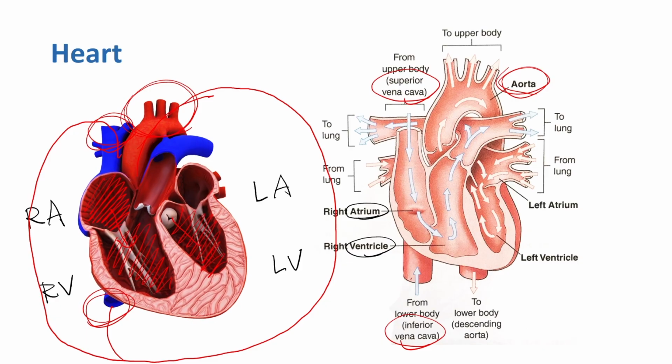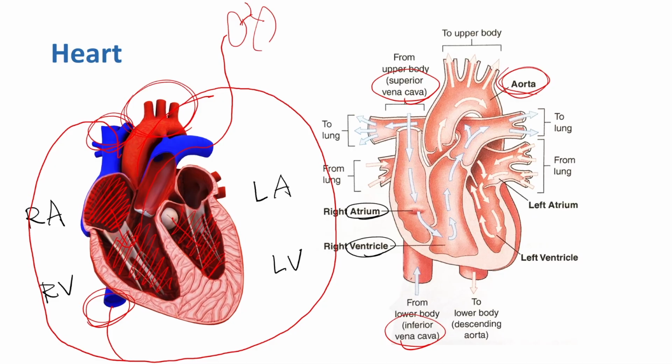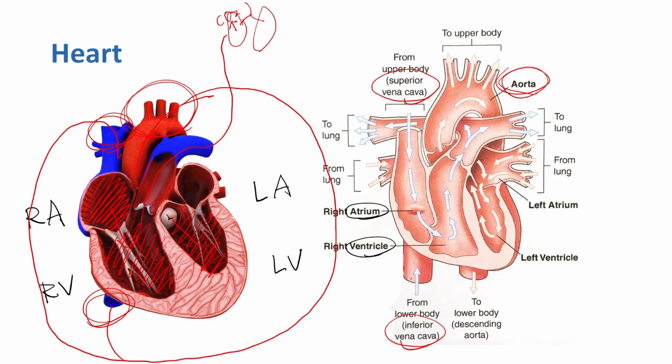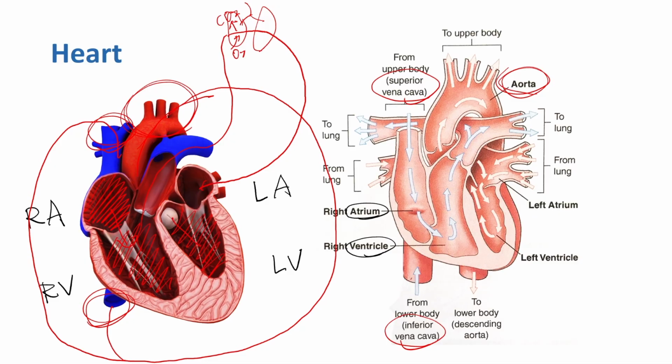And then from right ventricle, the blood is pumped out to your lung. In your lung, your blood gets rid of CO2 and picks up oxygen. So now the blood goes back to your heart, to the left atrium.